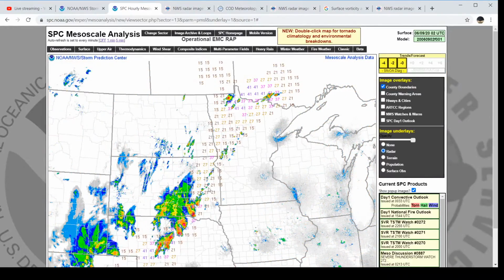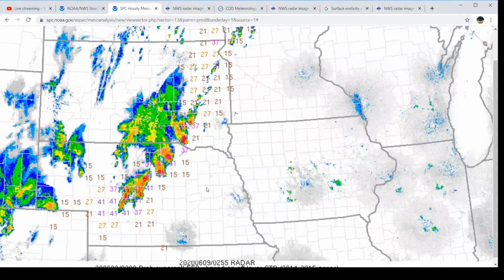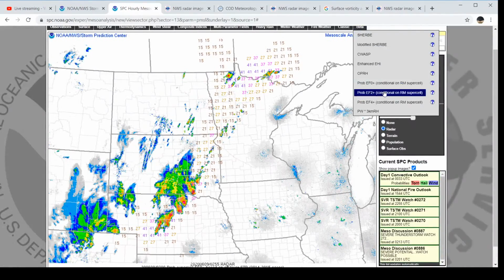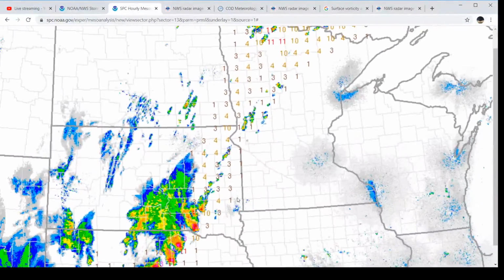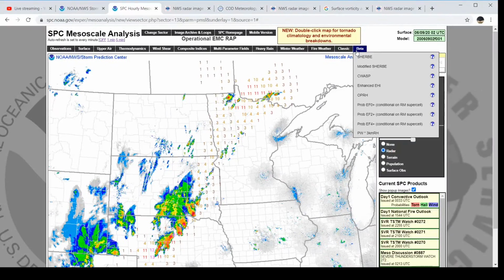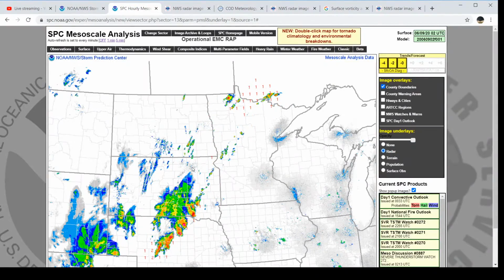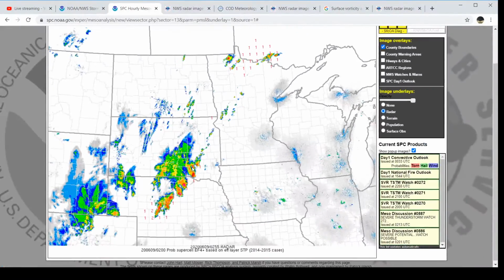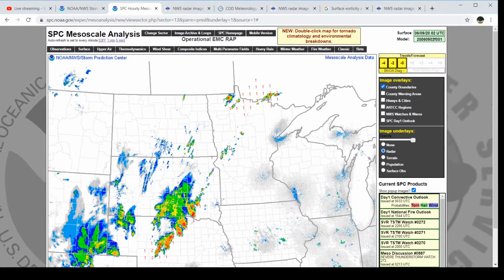You have probabilities really high. Let's go EF2. 10, 13, 11. Fairly. Yeah, 4. A 1. That's low, but still. A 1? Crazy.